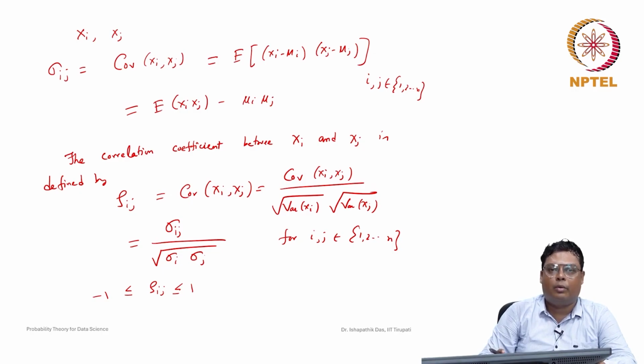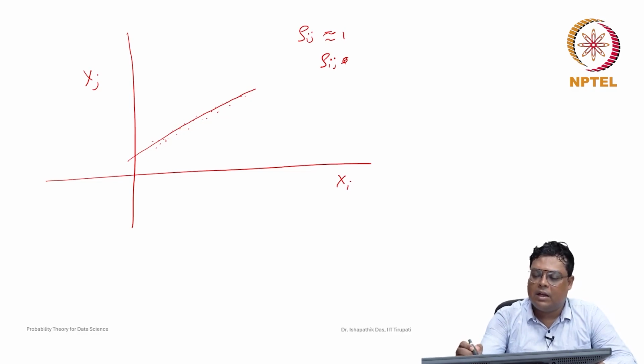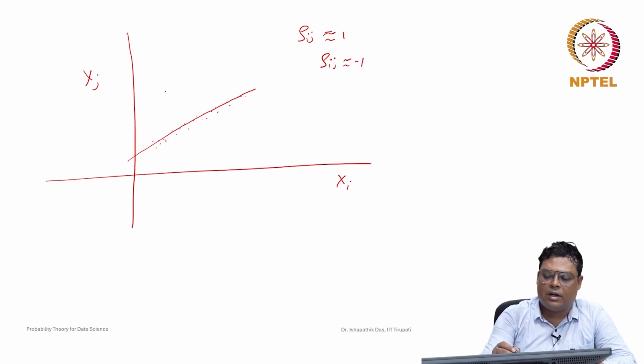It is always between -1 and +1. If it is close to 1, they are related as a straight line, a linear relationship. If it is -1, that is also a linear relationship, but negatively correlated, so the data will look like this. In this case rho ij is close to 1, and in this case rho ij is close to -1.